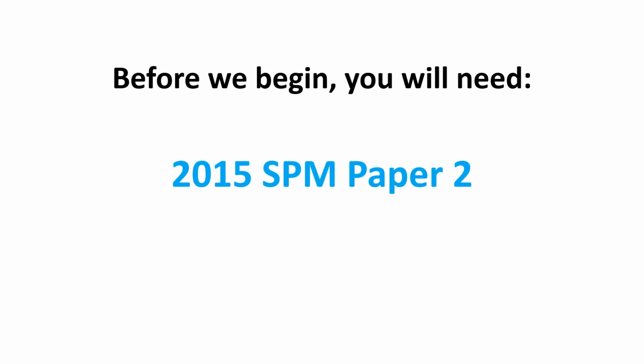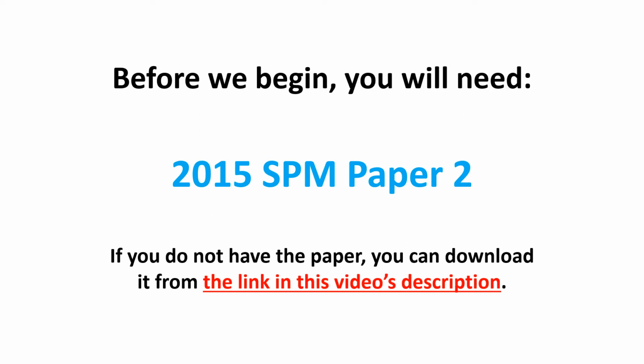Before we begin, you will need the 2015 SPM Paper 2 because throughout this video, I will use this paper to guide you how to answer Section C. Do not worry if you do not have the paper because you can download it from the link in this video's description.